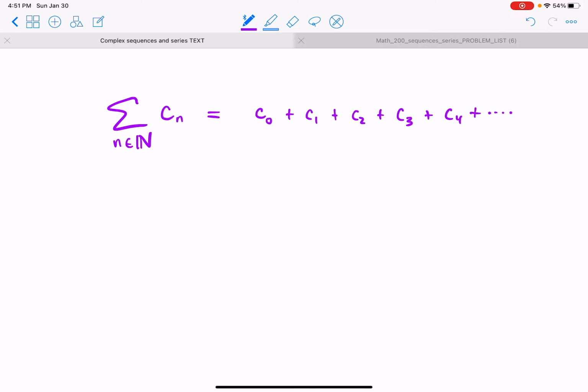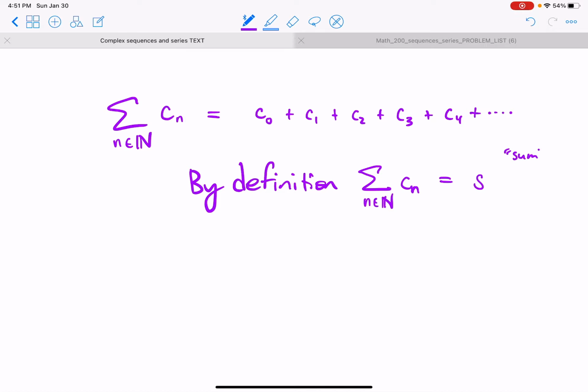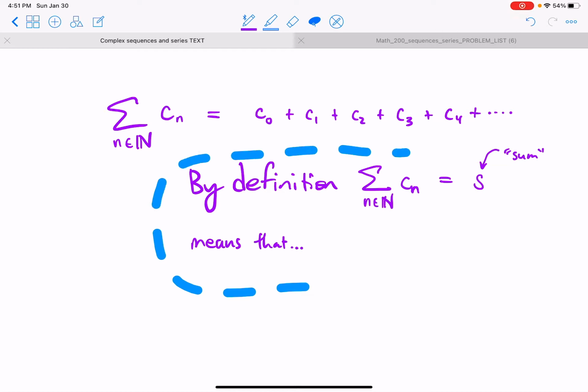Then by definition, if we say that this sum of these c sub n terms is equal to some number s, say s for sum, this equation means that the associated sequence of partial sums converges to its limit.